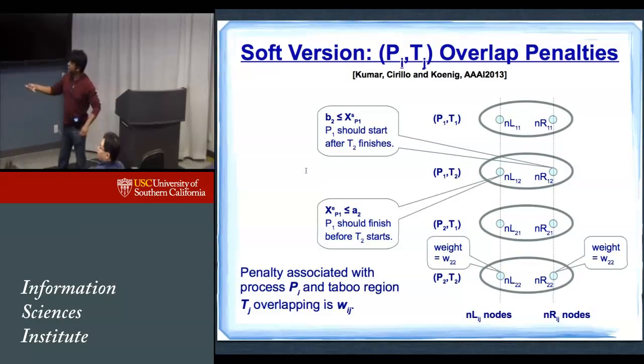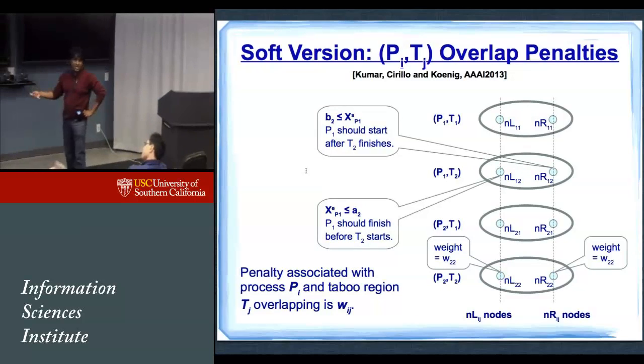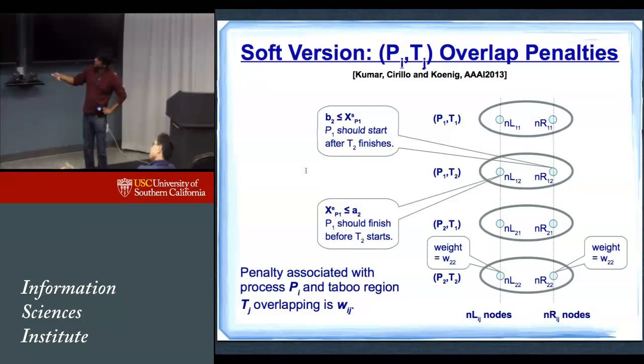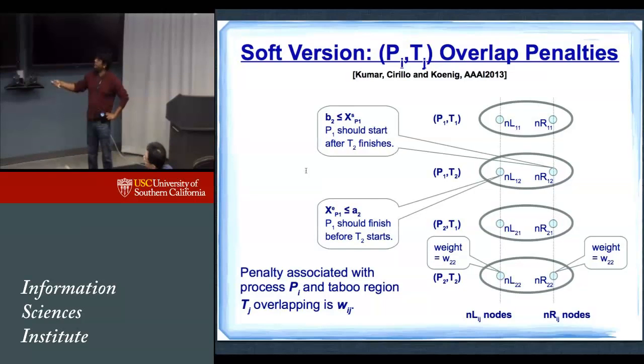All right? So let's once again look at how we could solve such a problem using a visualization here. For every process taboo region pair, I create an oval. There are two ways of avoiding an overlap between this process and taboo region, and those two ways are going to be represented by these two internal nodes within that oval.